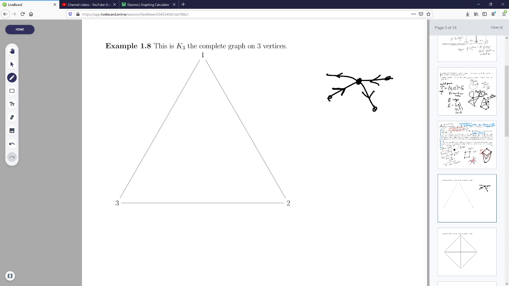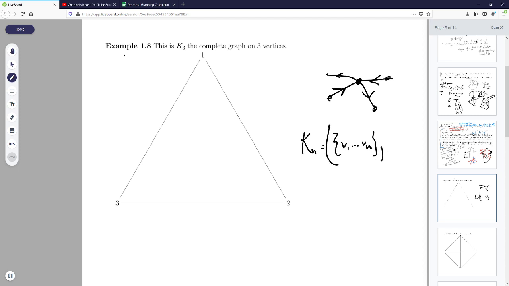All right, so here's K3. Why am I showing you K3? It's a triangle. K3 is the complete graph on three vertices. So what is a complete graph? What is Kn? In terms of the vertices, it's V1 up to Vn, so there are n vertices. And what are the edges?